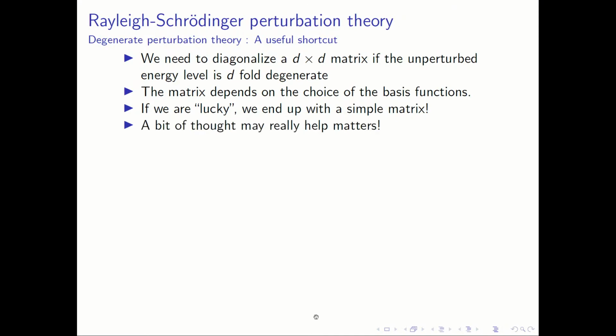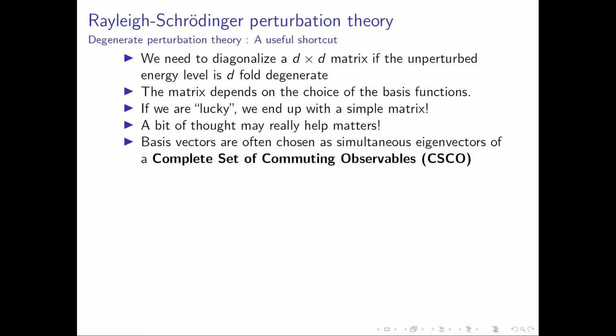Well, a bit of thought may help matters. You should not really leave this entirely to luck. And for this, you have to realize that the basis vectors that we choose are often chosen as simultaneous eigenvectors, not only of the Hamiltonian, but of the Hamiltonian with another set of operators, observables, Hermitian operators, which commute with the Hamiltonian and with each other.